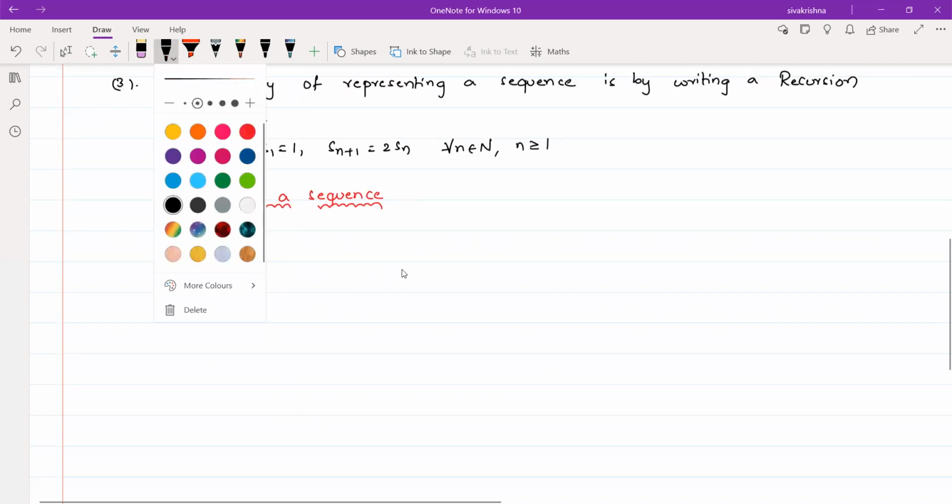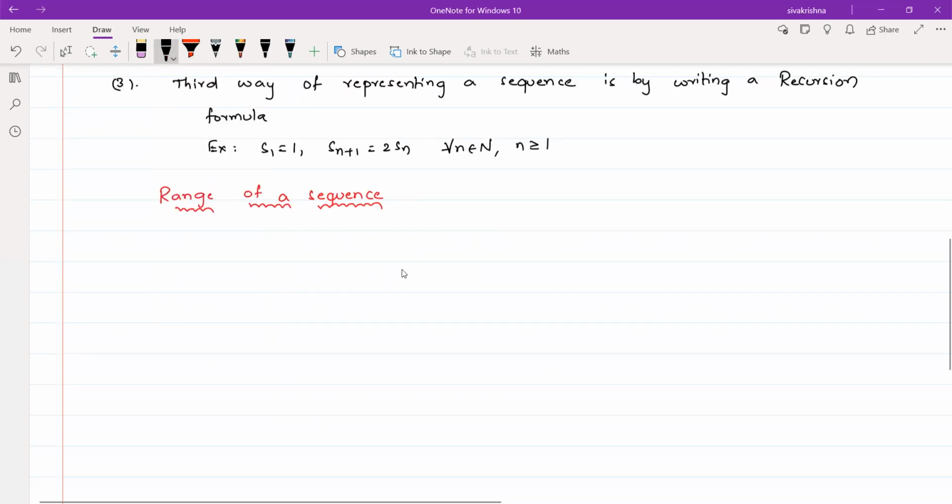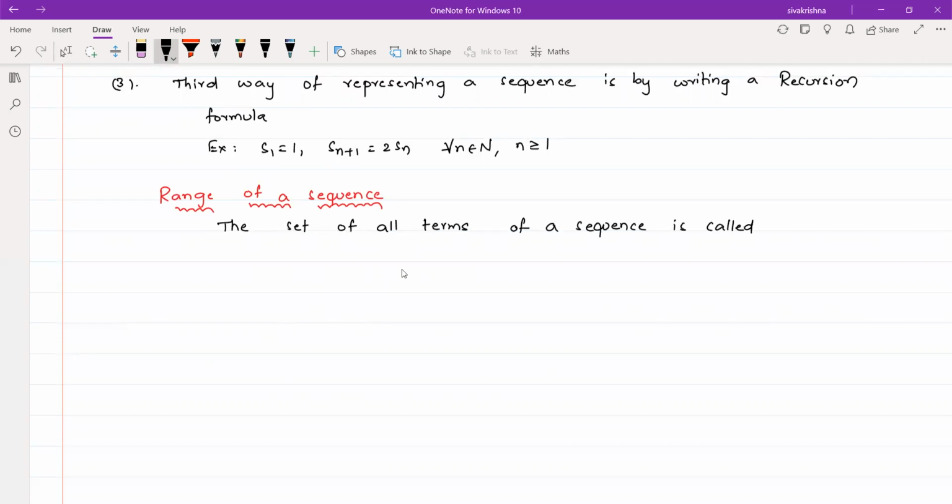The set of all terms of a sequence is called the range of the sequence.